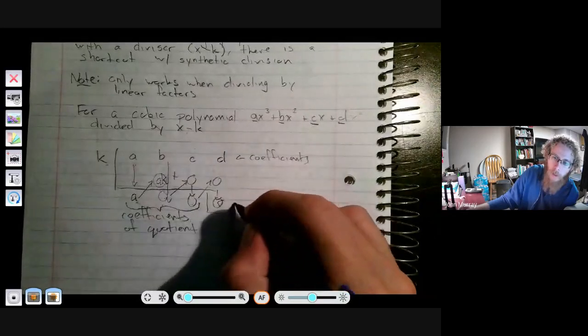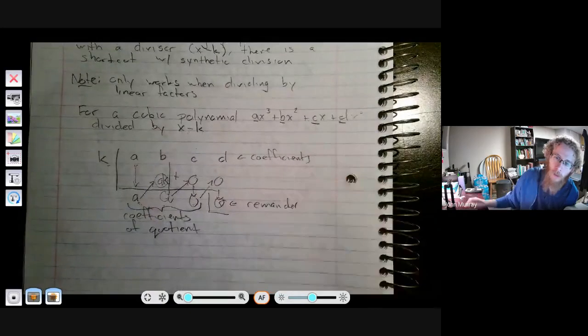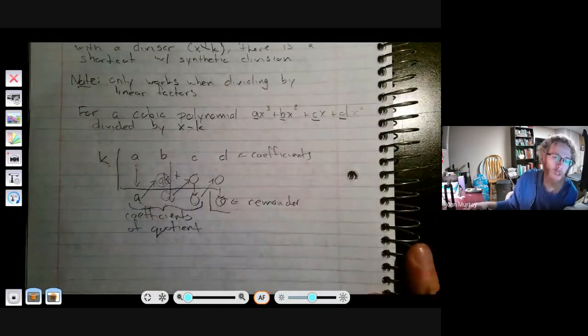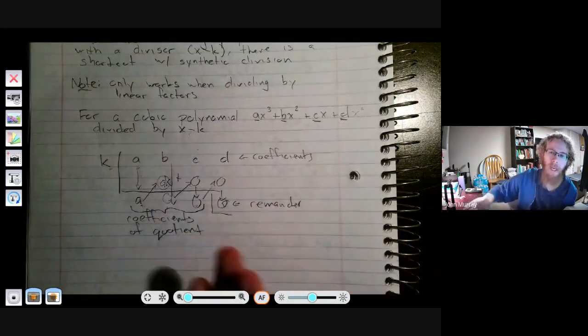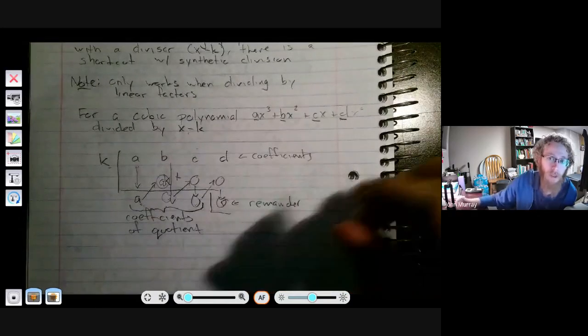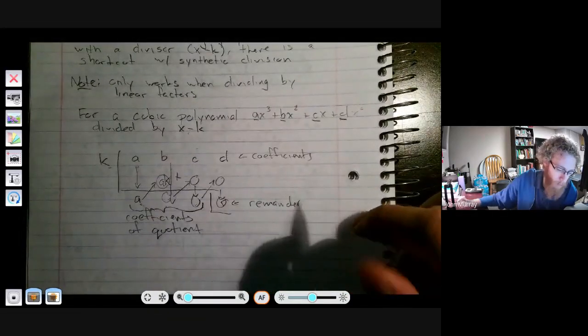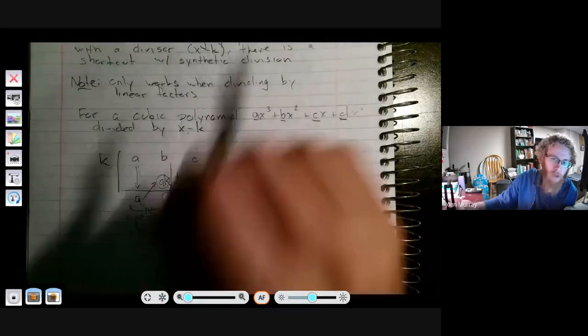This number over here ends up being the remainder. That last number, we kind of isolate, and it's a remainder. If that last number is 0, then there is no remainder, and we have a linear factor. If it's not 0, then we end up having a fraction like we did before.